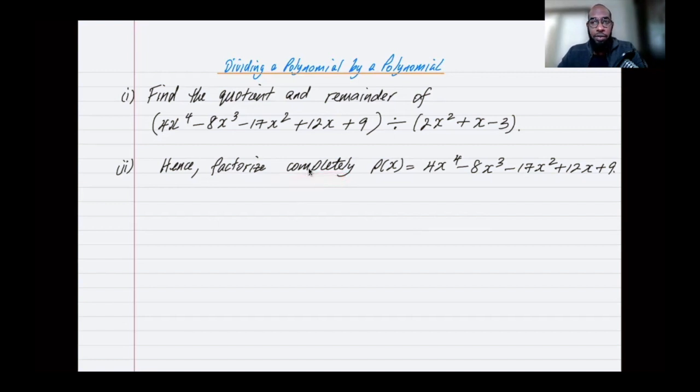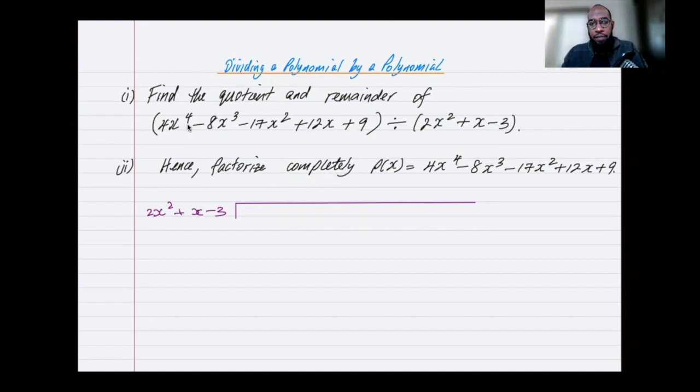So let's start with part one. I'm going to set up my long division. We have 2x squared plus x minus 3. All right.